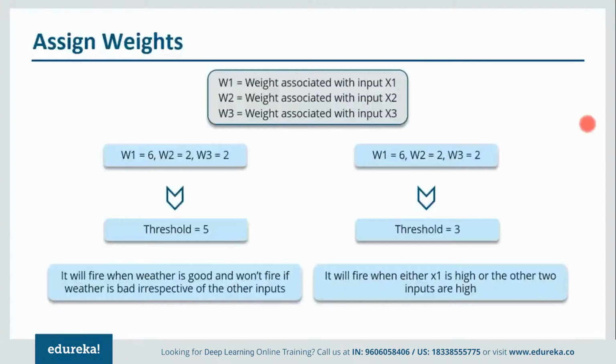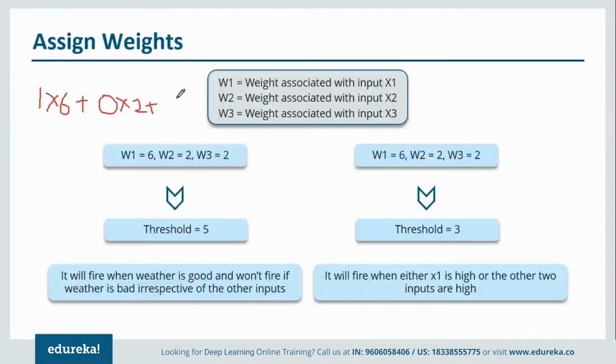All right, so I'll use my pen and we'll see what happens when weather is good. When weather is good, our X1 is 1, our weight is 6, so we'll multiply it by 6. Then, if my wife decides that she is going to stay at home and be busy cooking, and she doesn't want to drink beer with me, so she's not coming, that input becomes 0. 0 into 2 will make no difference because it will be 0 only.